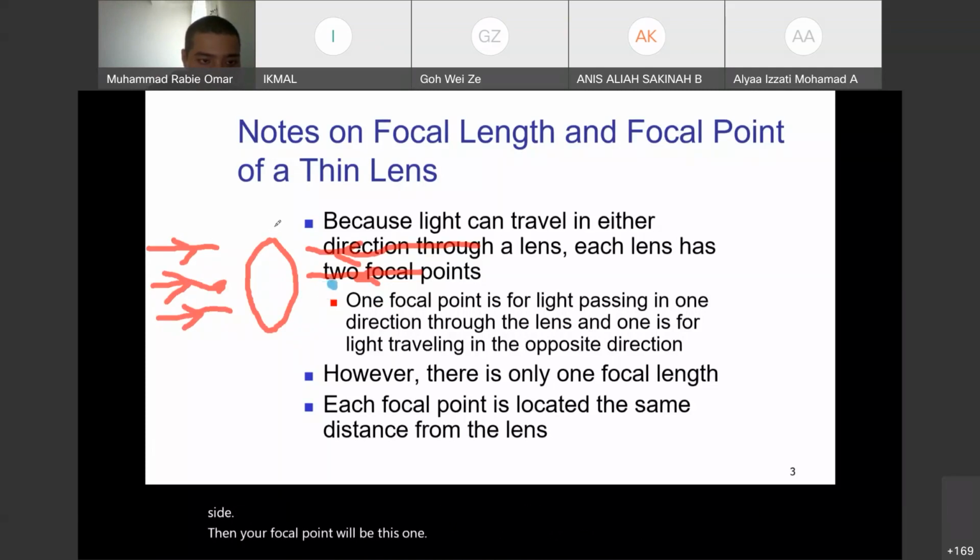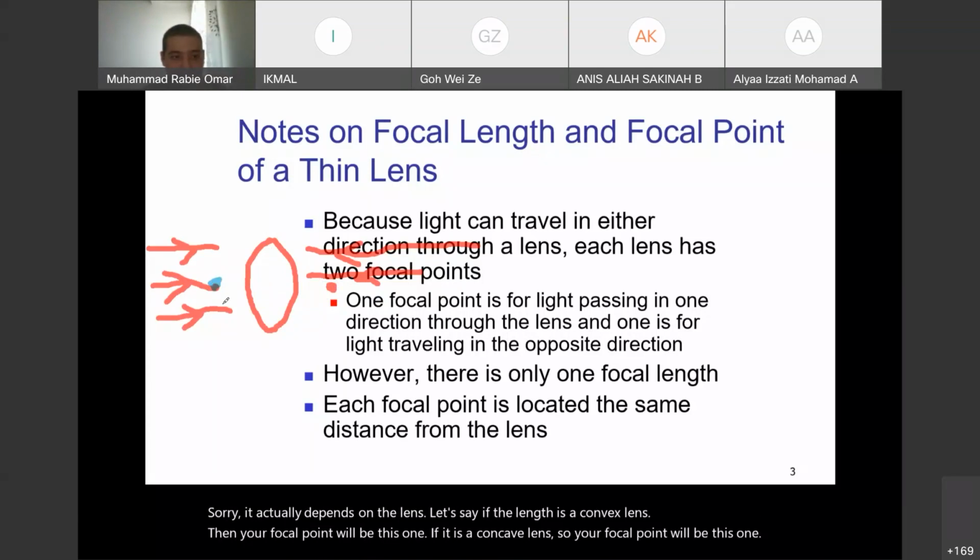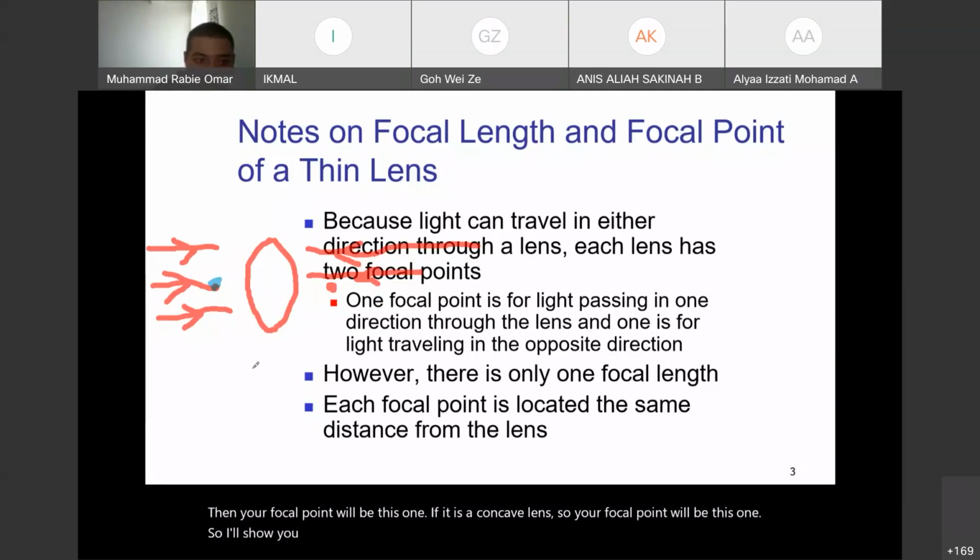Sorry, it actually depends on the lens. If the lens is a convex lens, then your focal point will be this one. If it is a concave lens, then your focal point will be this one. I'll show you about this later.